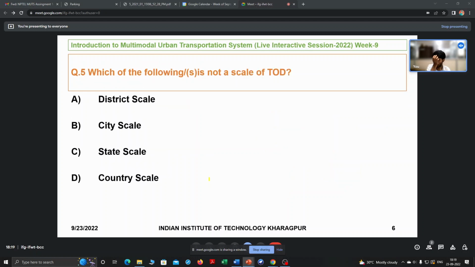Then which of the following, or more than one option maybe, is not a scale of TOD? So TOD is what? TOD is transit oriented development. So what is transit oriented development?